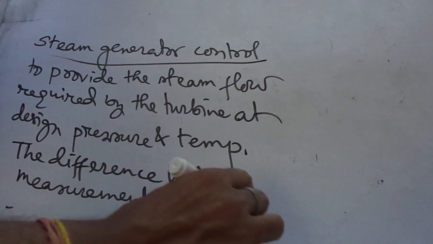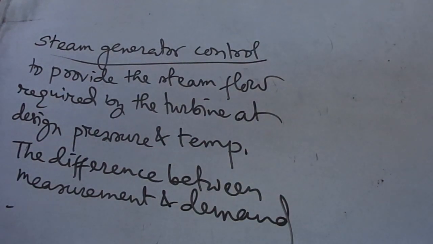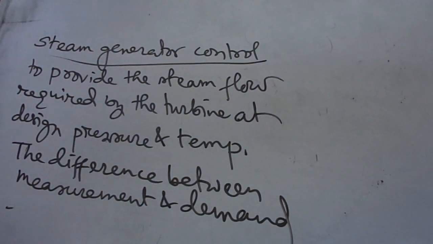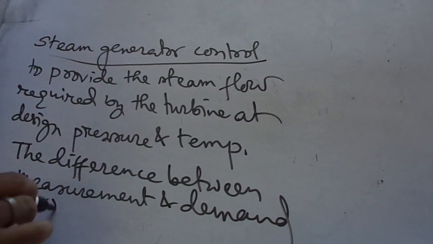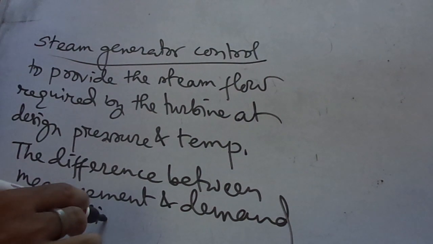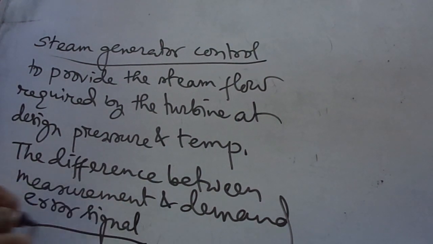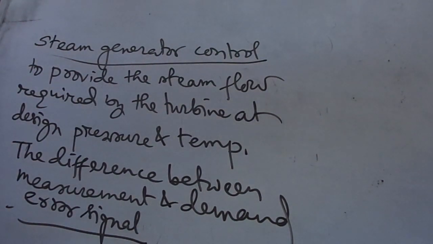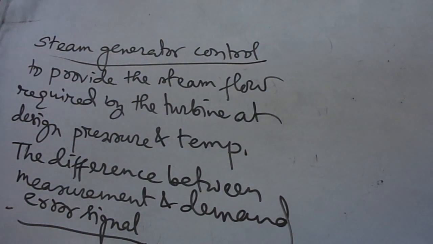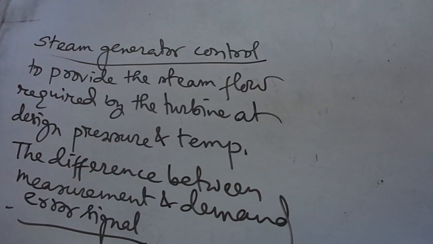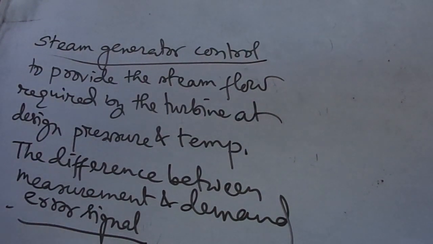The control signal will be either directly or inversely proportional to the error signal, depending on the control action required.